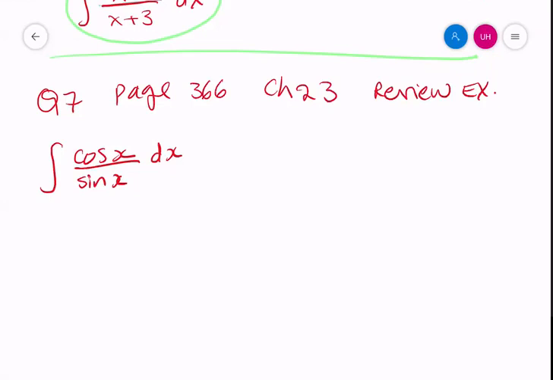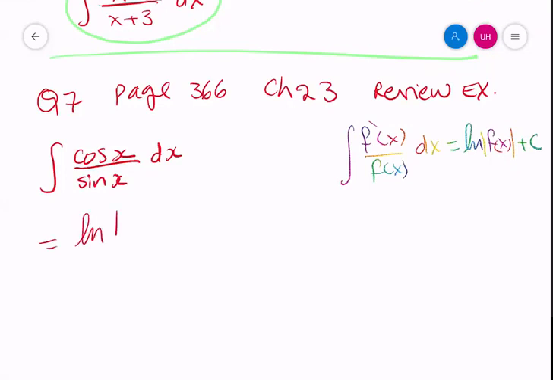Can we apply f prime x over f of x equals ln x plus c? Yes. So the integral of f prime x over f x dx equals ln f of x plus c. So in this case, it equals ln sine x plus c. That's question 7a.